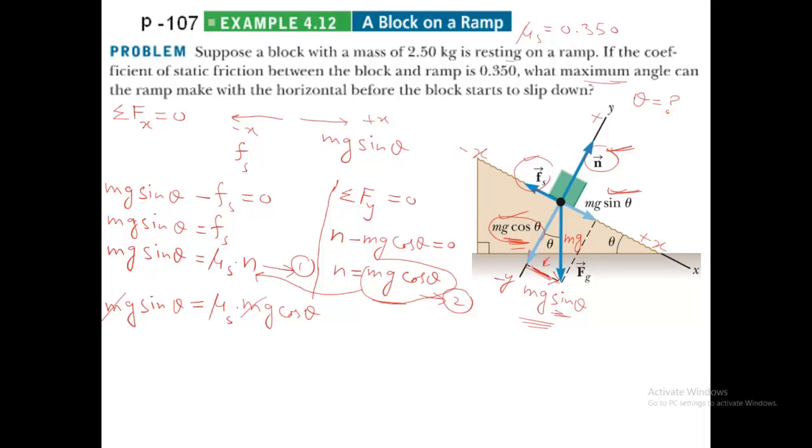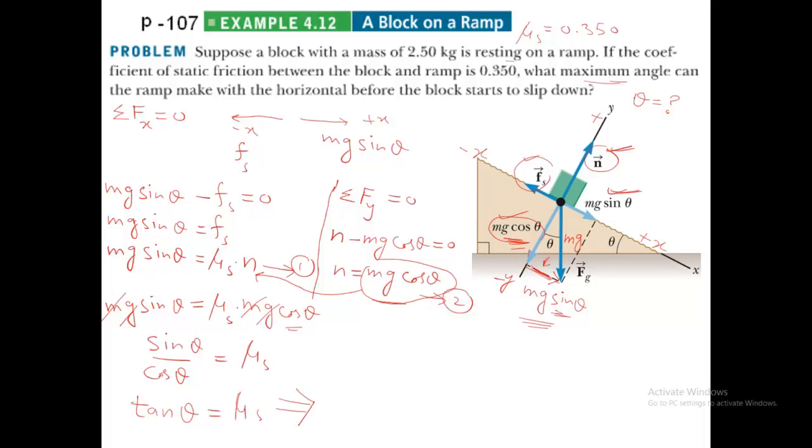M goes with this m, g goes with this g, and I take this cosine theta to the left side down, so it becomes sine over cosine theta is equal to mu sub s. Sine over cosine is tan. Tangent theta is equal to mu s.